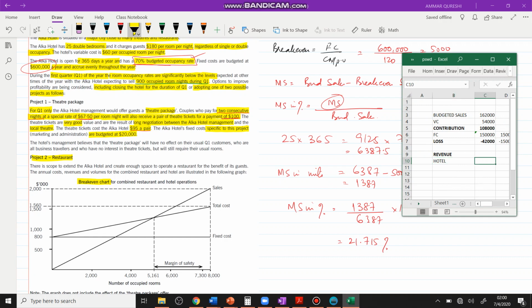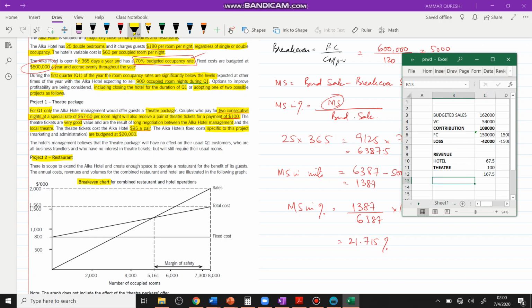They will get 67.5 per room per night, and for theater, they will get $100, right? So in totality, they will get this plus this much amount from the customer, right? And pair of theater is for $100, so you don't need to multiply it with 2.